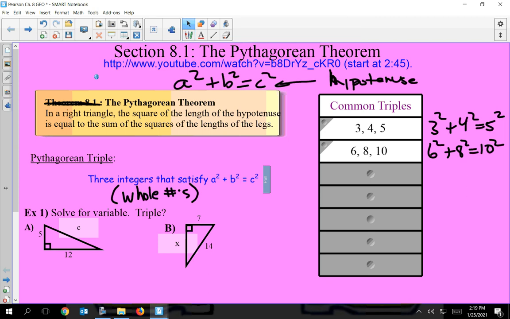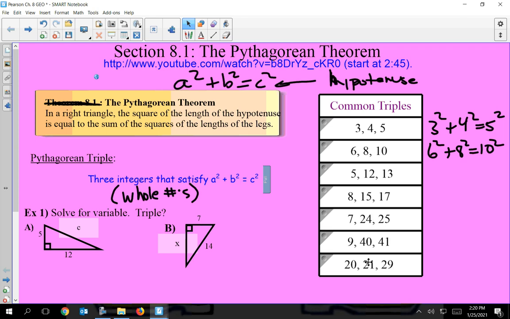The next one is another one that shows up quite a bit. I won't write down the a squared plus b squared equals c squared. Those first two, I hope you're understanding the idea here. Those three numbers, when you plug them in, are all whole numbers, and they make it true, okay? After that, it gets into some numbers that we don't get into a whole bunch.